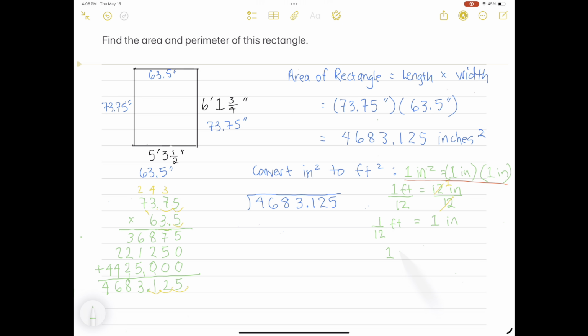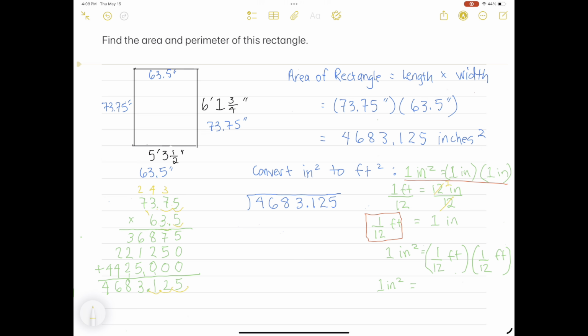We go back to 1 inch square equals 1 inch times 1 inch, and substitute 1/12 of a foot for 1 inch. So 1 inch square equals 1/12 of a foot times 1/12 of a foot. So we multiply straight across those fractions.